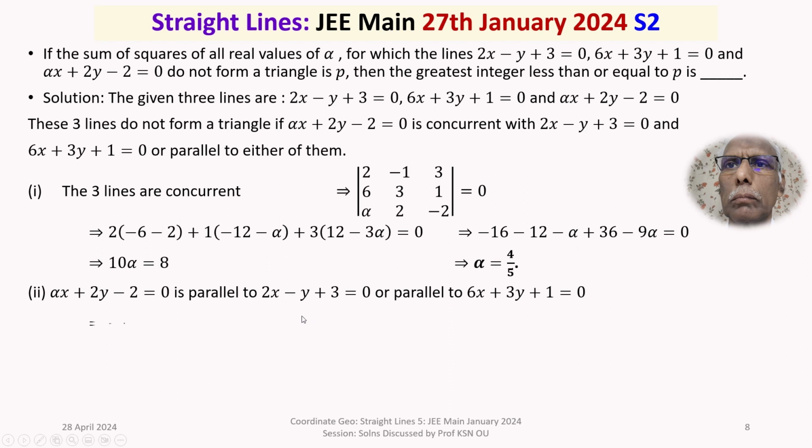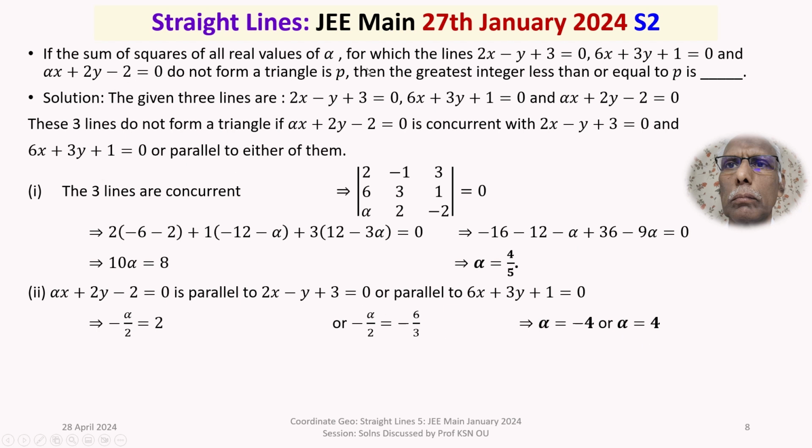Parallel means their slopes must be equal. The slope of 6x plus 3y plus 1 is minus 6 by 3. So minus alpha by 2 is equal to 2 will give you alpha is equal to minus 4. Minus alpha by 2 is equal to minus 6 by 3 will give you alpha is equal to 4.